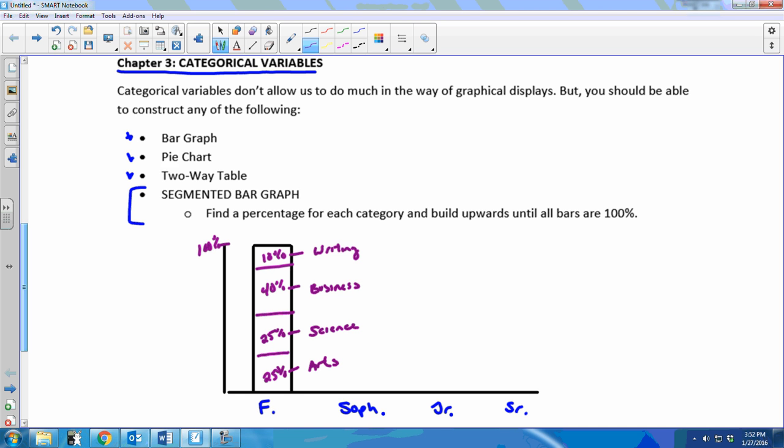That kind of goes with arts, but you get the gist, okay? So you would do that for each individual class. You would find the percentage of that class that was involved. So all the bars would be 100% because you're showing every single category, okay?